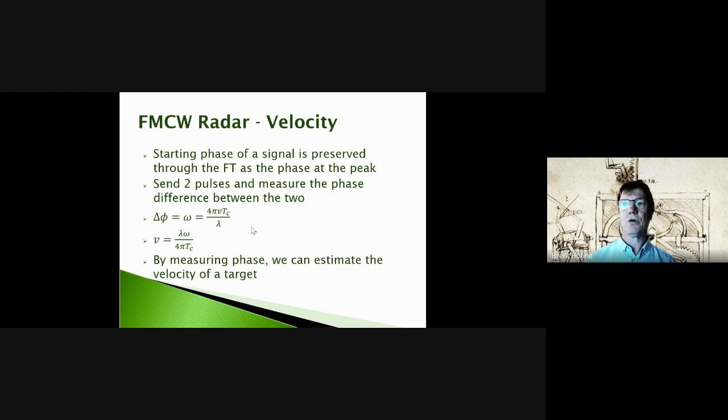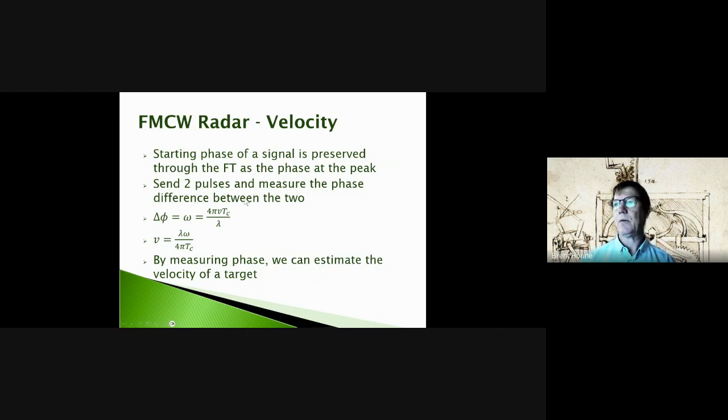And so we have to remove that ambiguity. So we're really looking at what is this velocity within that one cycle, right?